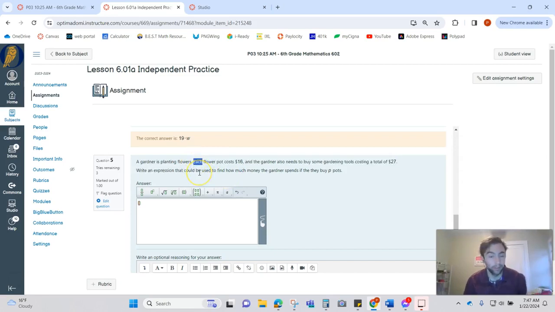And also "each" is a math vocab word for multiply. I don't know how many flower pots I'm going to buy, because it doesn't tell me, so that's my mystery. But I do know each costs 16. So I'm going to do 16 times P.